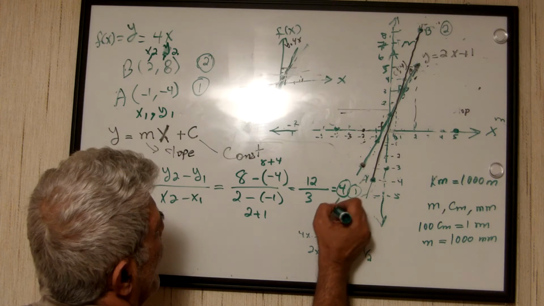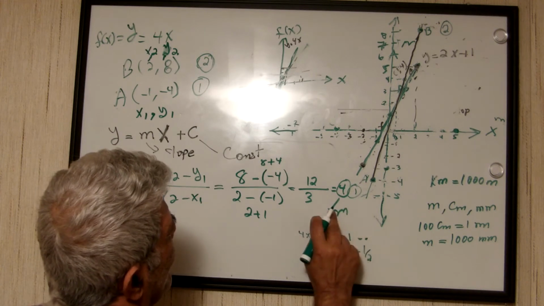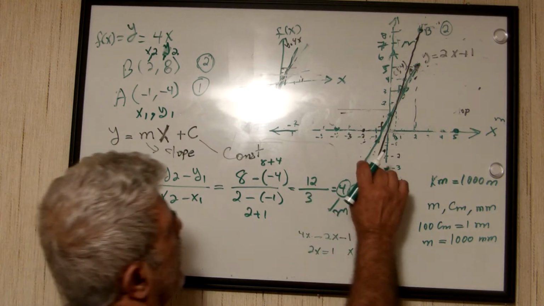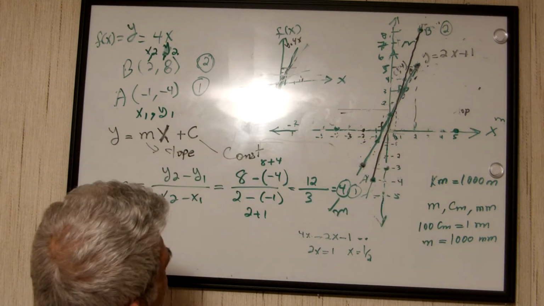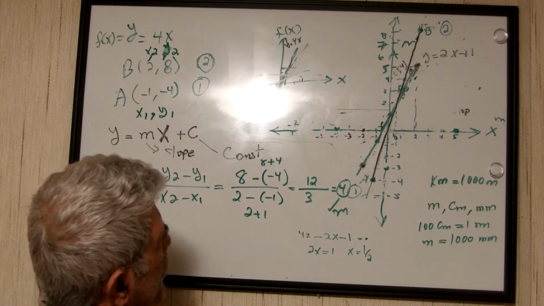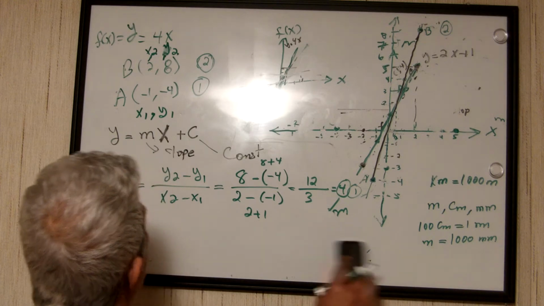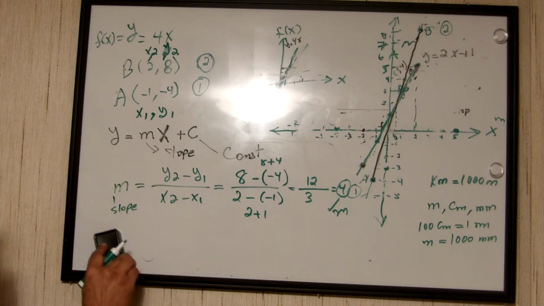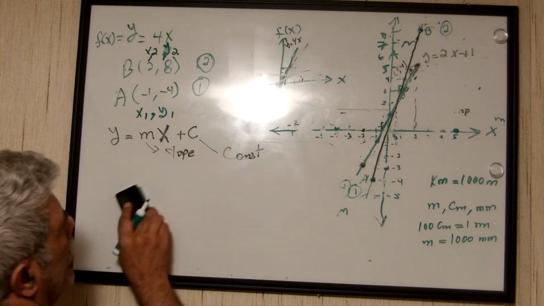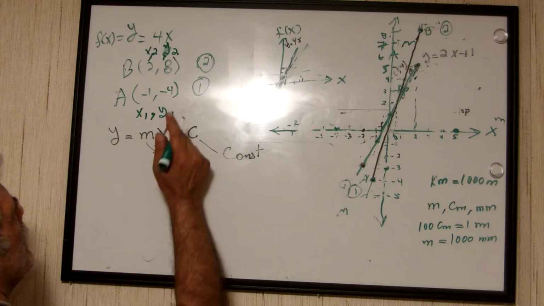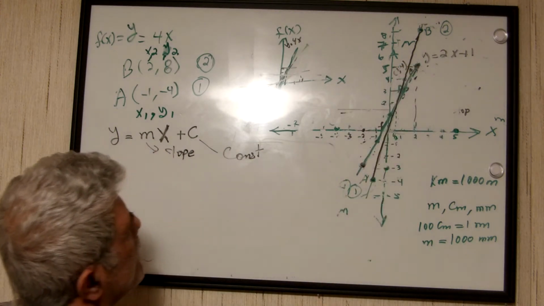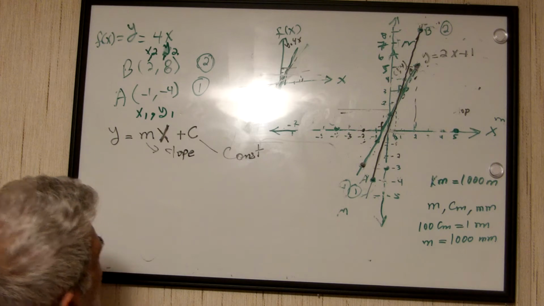This is m, the slope of this line. Let's just talk about slope, and then we find the equation. So the slope of this line is m, which was 4.